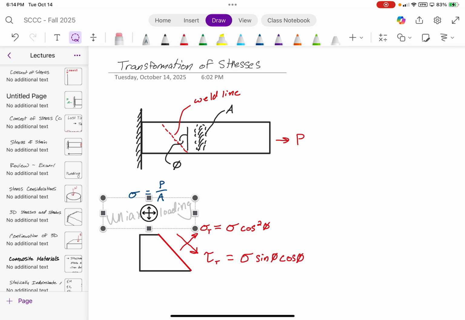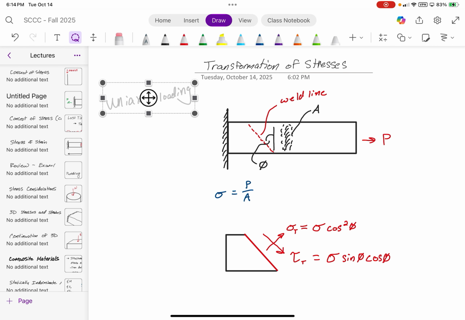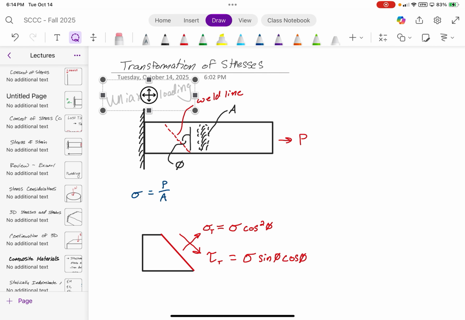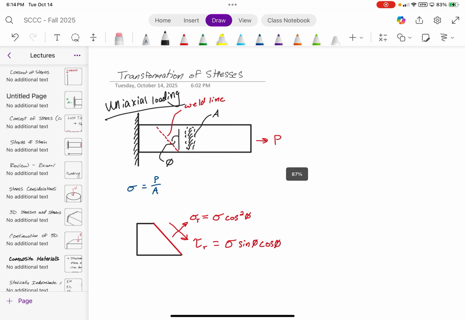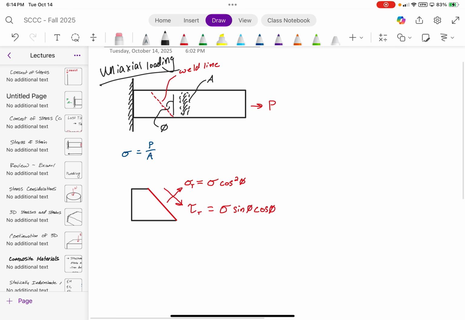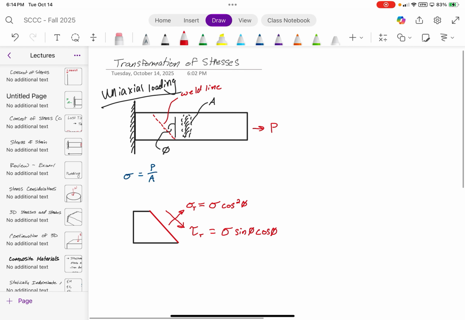Let me actually move this up here. So let's say that the force P was equal to the 25 kips that we said, and then the weld line theta we said was, I don't know, a 45-degree angle.